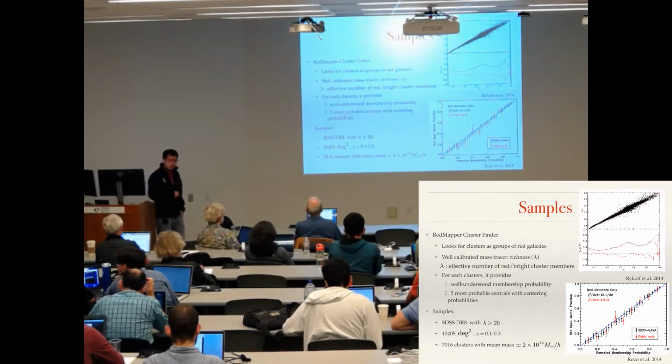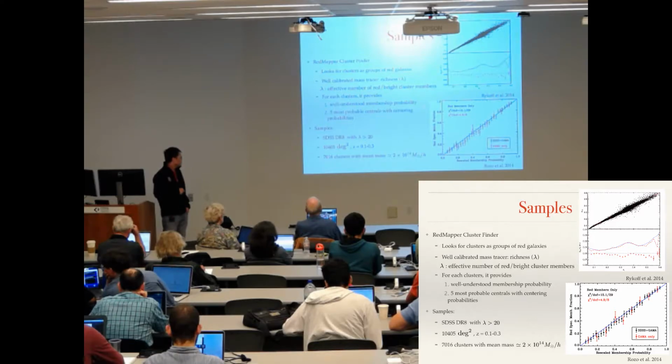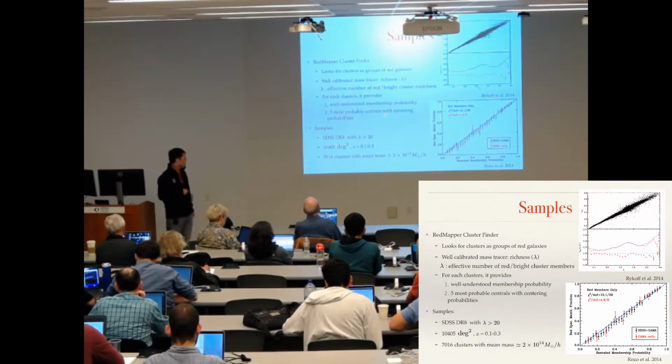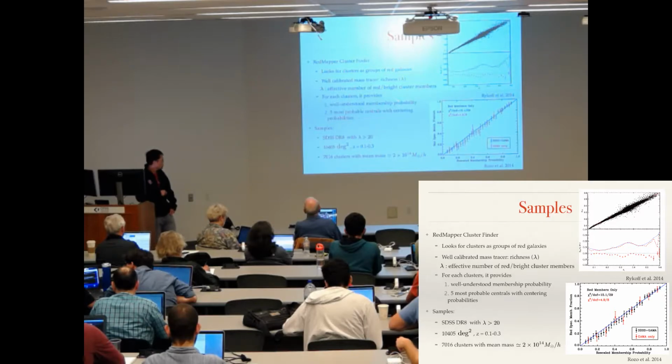The central galaxy is one of the hardest things to define in real data. The nice thing about the redMaPPer center is that it is not only the BCG in the cluster. It is a combination of the luminosity and color cut as well as the position of the galaxy in the cluster. It provides you five most probable center candidates with centering probability.